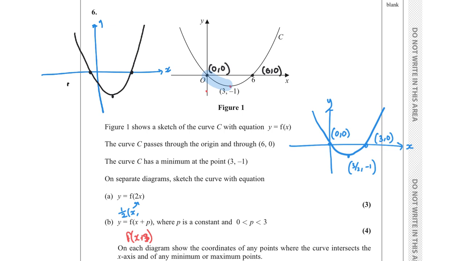So this is going to be 0 minus p bracket 0. This is 3 minus p bracket negative 1. And then 6 minus p bracket 0. And there we go. We've written everything down and the graph still looks right. If you put your minimum point on the line or on the left-hand side, you will not get the full marks.